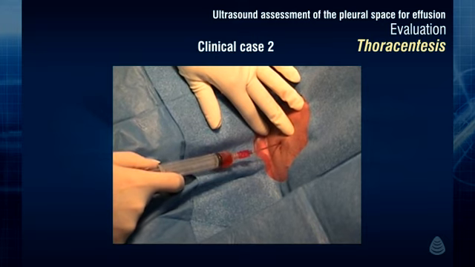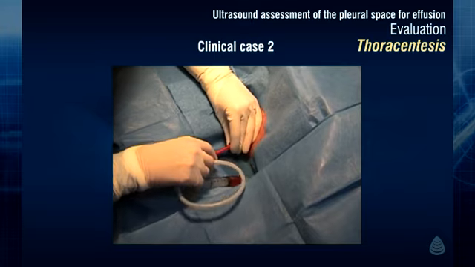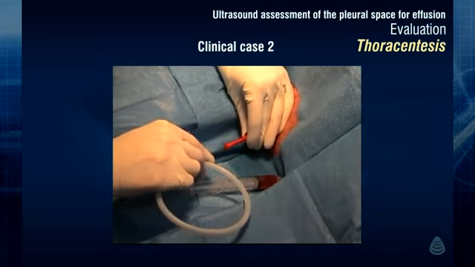Once pleural fluid is obtained, the syringe is detached from the needle and the guide wire is inserted. This will be followed by dilatation and pigtail insertion.